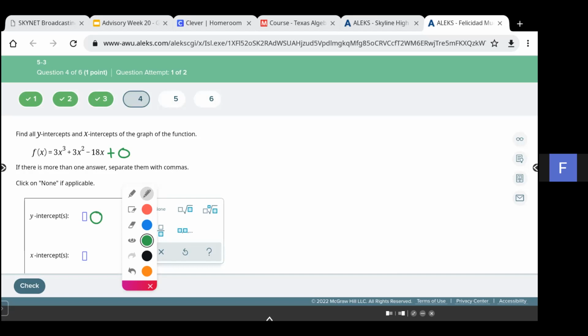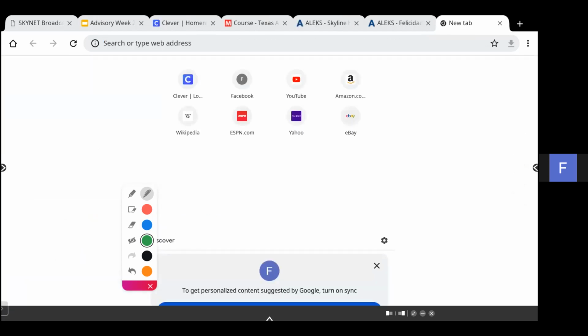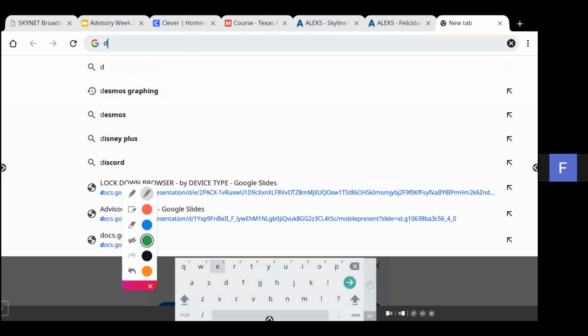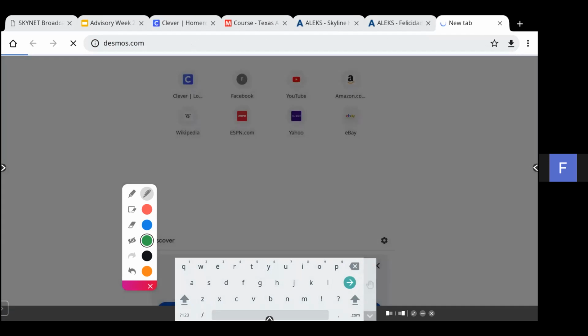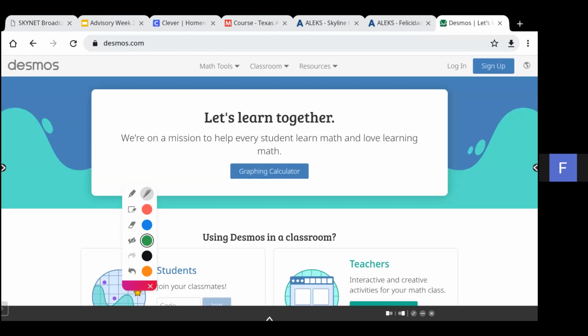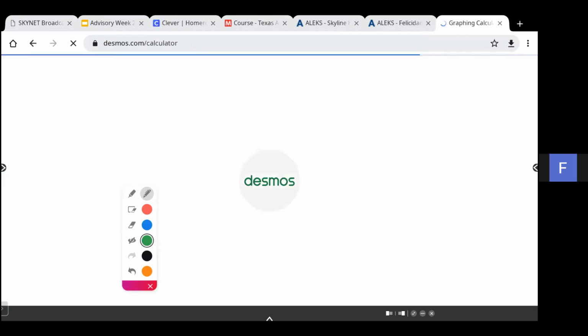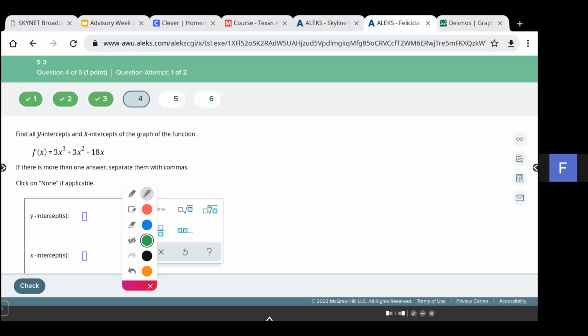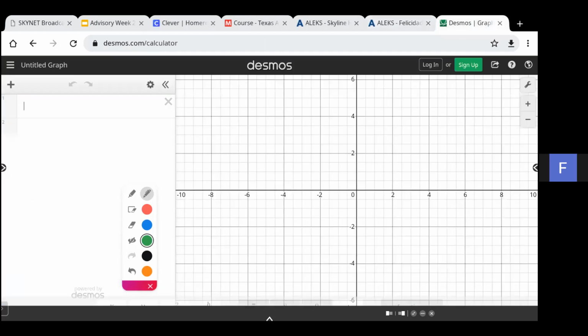So I would actually go ahead and graph this. I'm going to see if Desmos will let me graph this or not. By opening a new tab, we're going to hope maybe it will let me. And I want 3x cubed, so I'm going to start with that.